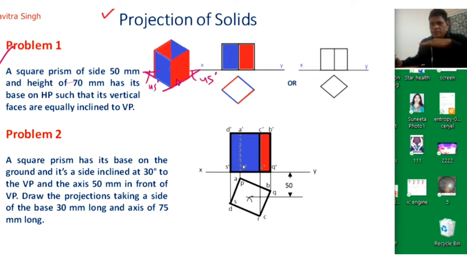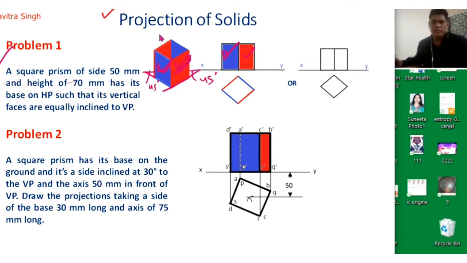So when we see this from the front, we can see this surface and this surface only. So this is actually projected on the XY line. This surface is this one, and this surface is this one. So we can see this rectangular shape and this rectangular shape here in the front view.